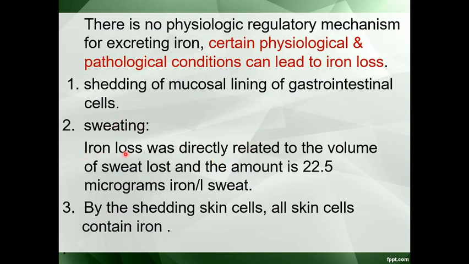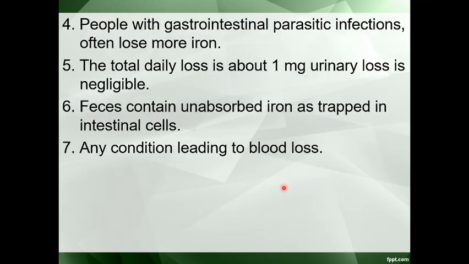Sweating: iron loss is directly related to the volume of sweat lost, and the amount is 22 to 22.5 microgram of iron per liter of sweat lost. Also by the shedding of the skin cells, all skin cells contain iron. People with GIT diseases and parasitic infections often lose more iron.